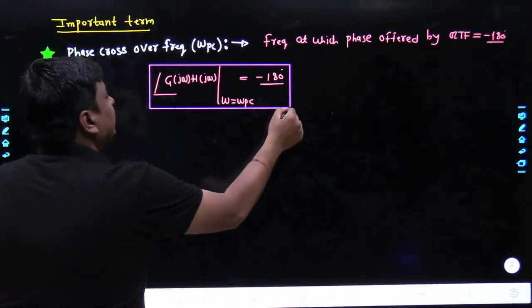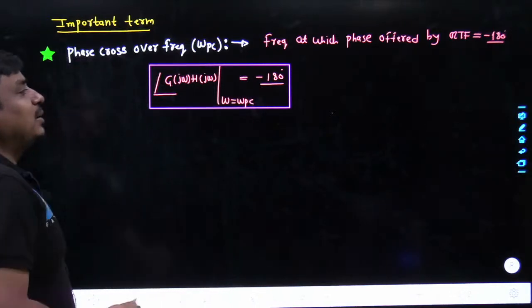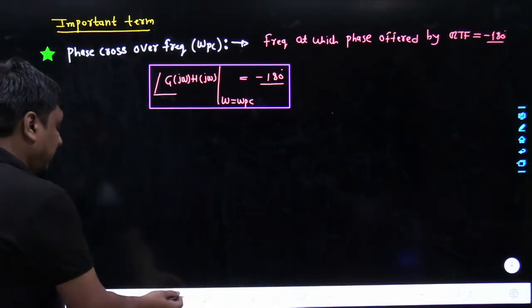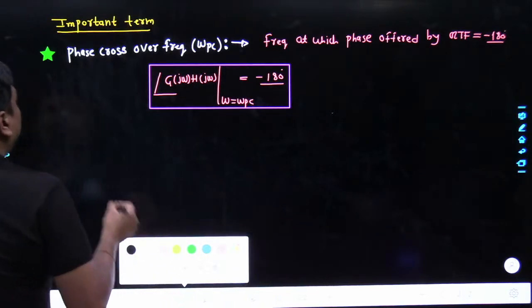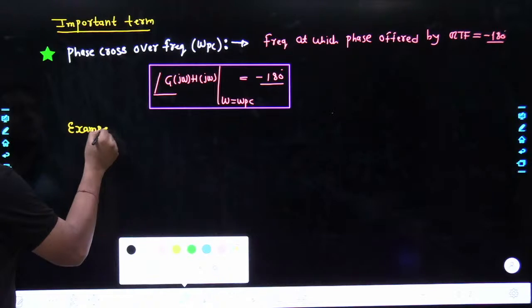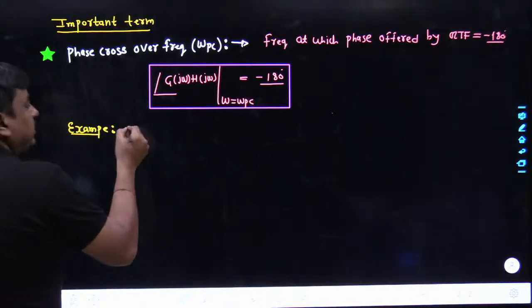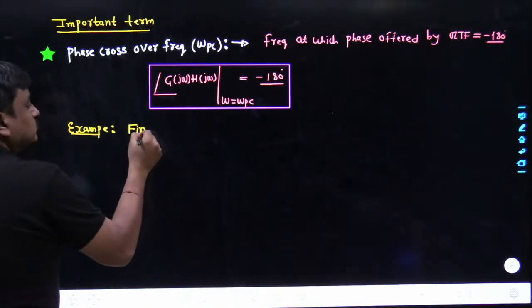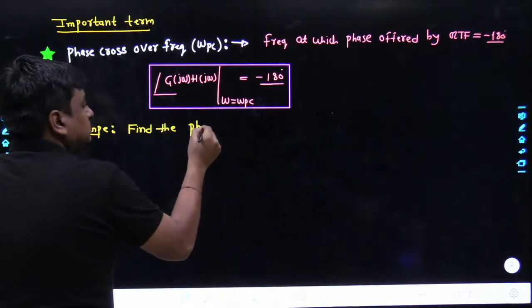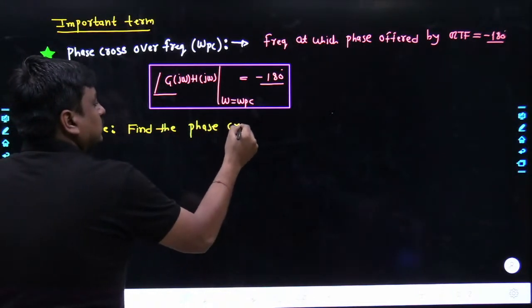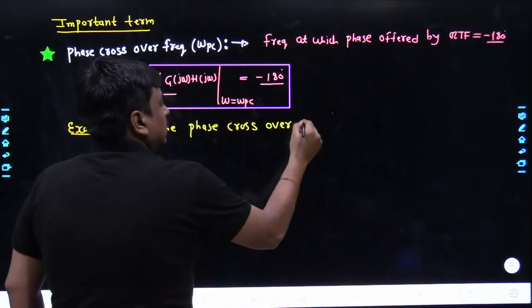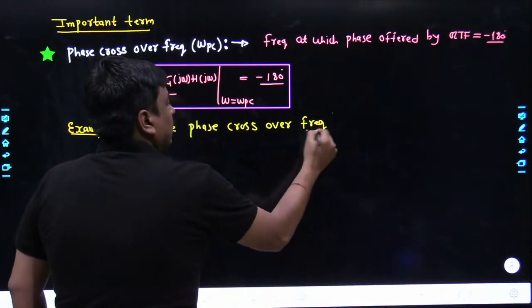So let me take an example. With the help of that example, probably you would be able to understand this concept even better. Find the phase crossover frequency of an OLTF.